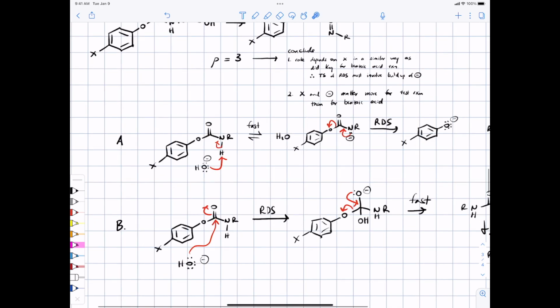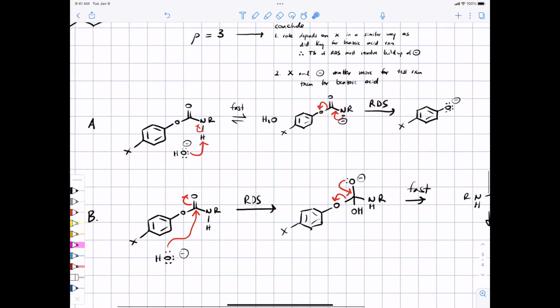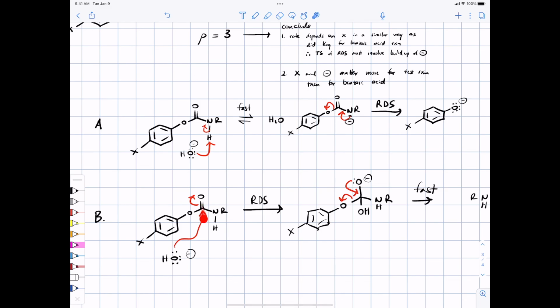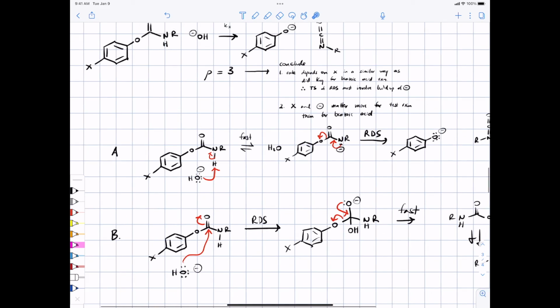Well, that's true for mechanism A, where there's a buildup of negative charge on the phenolate ion as the reaction proceeds. It's also true for B, where there's a buildup of negative charge on the oxygen of the tetrahedral intermediate. So the fact that rho is positive could be consistent with both of these.